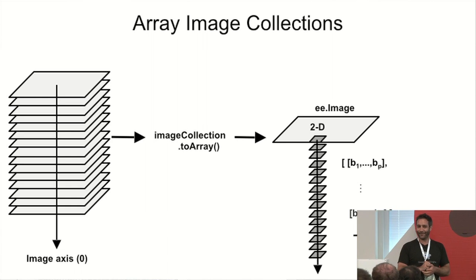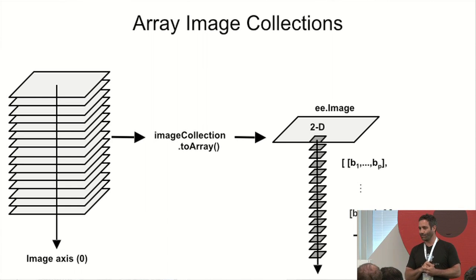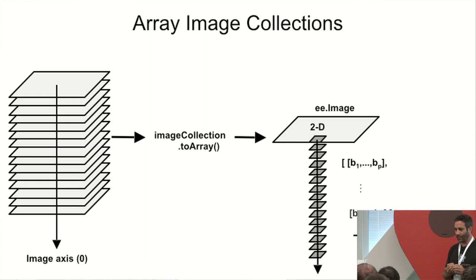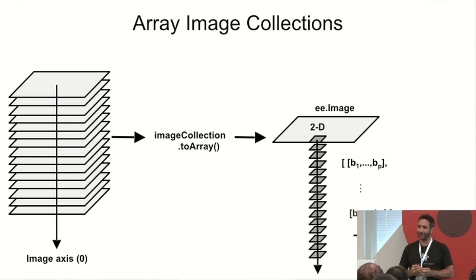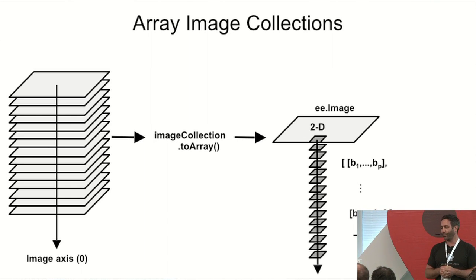Yes? Instead of using toArray, can you also use something like map each pixel to cat to get the same effect? Yeah, you can't map over pixels. You map over things in a collection. So, yeah, that wouldn't work.